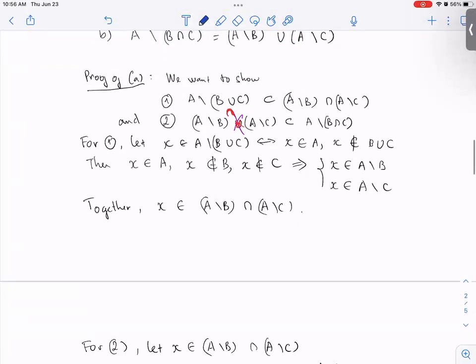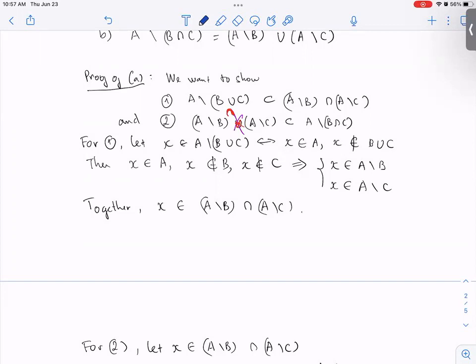And so for the first part, we consider an element X inside this set, which is the complement of the union of B and C related to A. So by definition, X is an element in this set if and only if X is an element in A and X is not an element in the union of B and C. That is, X must be in A and X must not be in B, and it also must not be in C. Because the union, remember, is a combination.